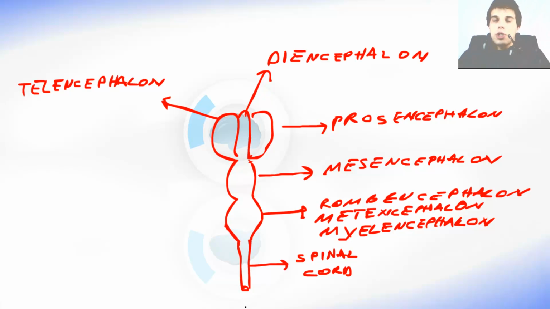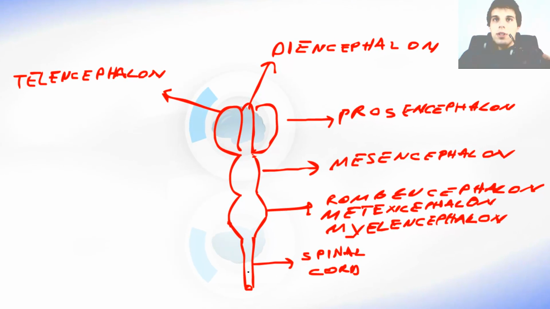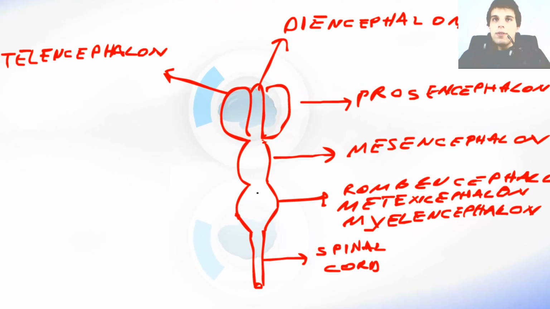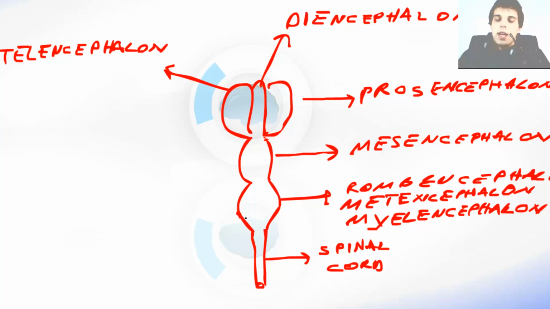So we had this tube-shaped structure created out of ectoderm that develops into a structure that looks like 3 vesicles, one after another. After this, I will draw this in a bit more detail with Photoshop, just to give you an example and a good understanding of how it looks.